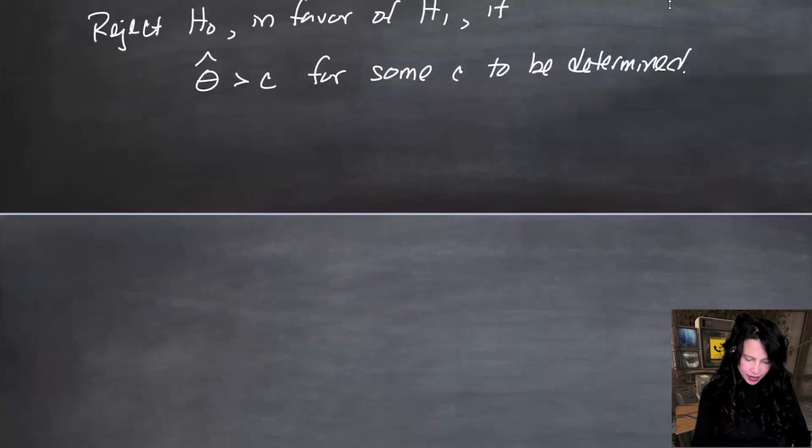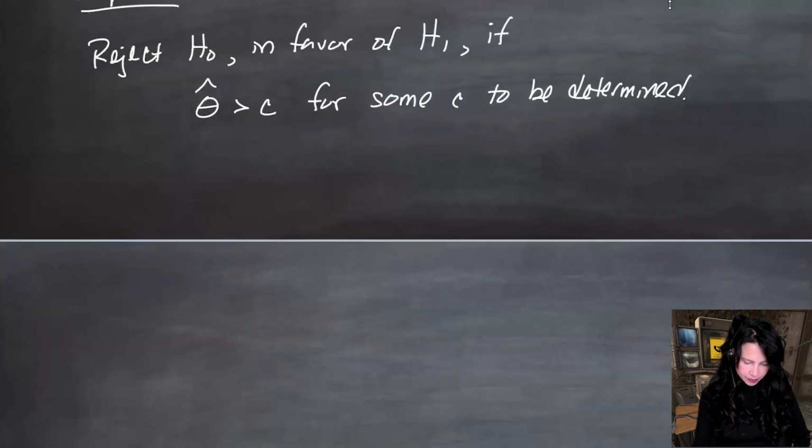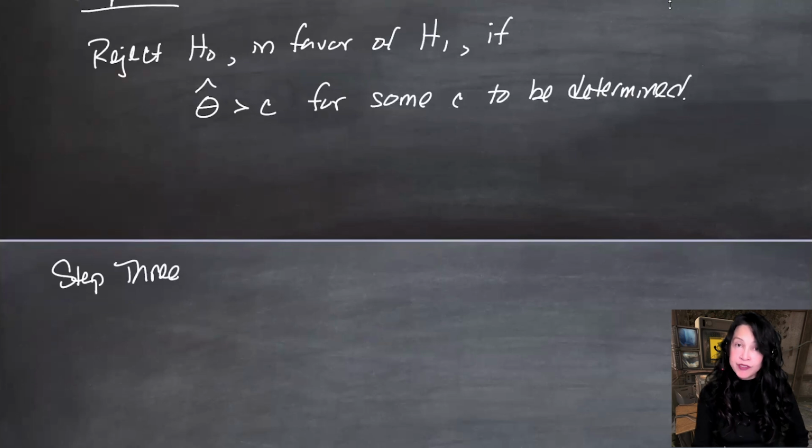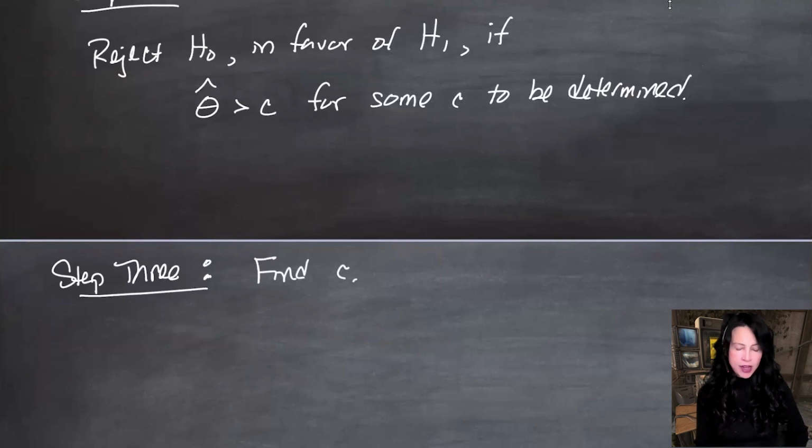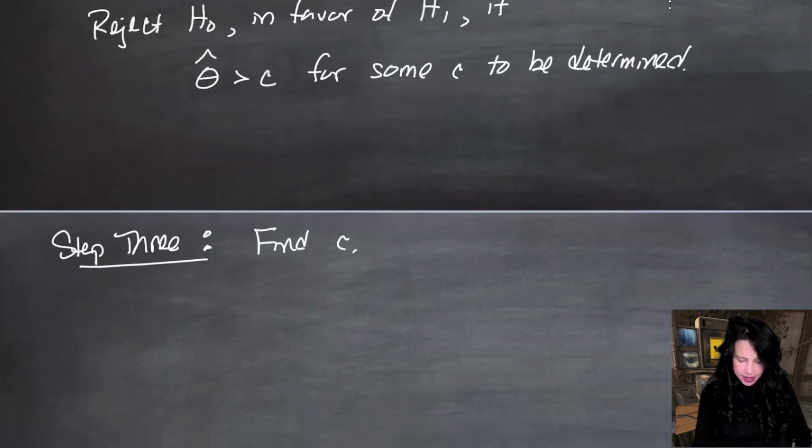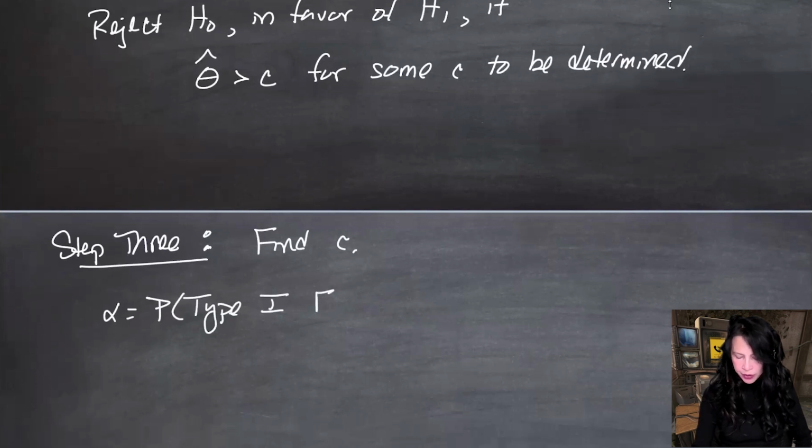Okay, step 3, we are going to find C. This is where you use your alpha, your size or level of significance of your test. Because I have a simple null hypothesis here, this step is pretty simple. Alpha is going to be the probability of making a type 1 error.